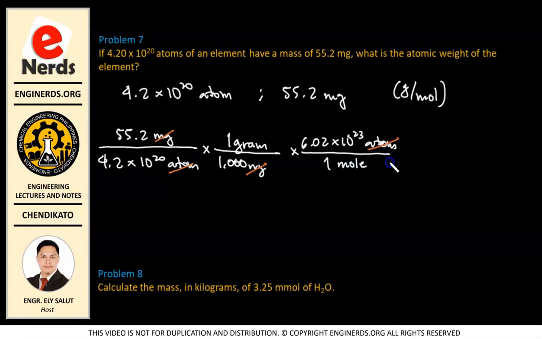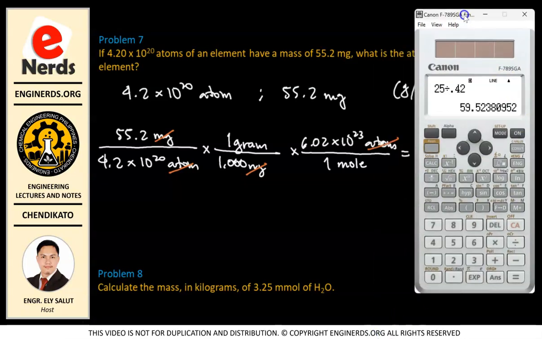Okay, so what will be left here is, in our numerator, grams, and our denominator will be mole. So that is exactly what we need here. So we just need to proceed with our computation.